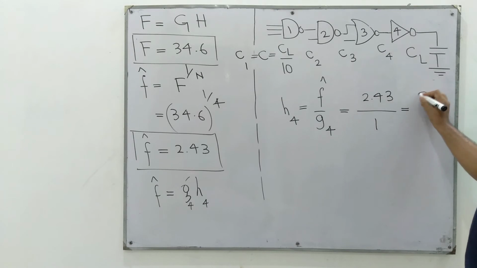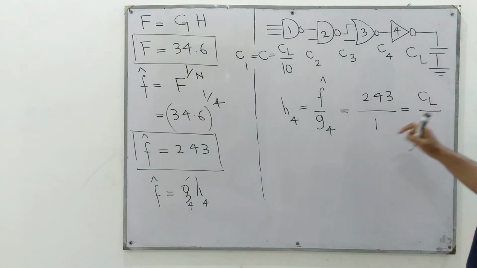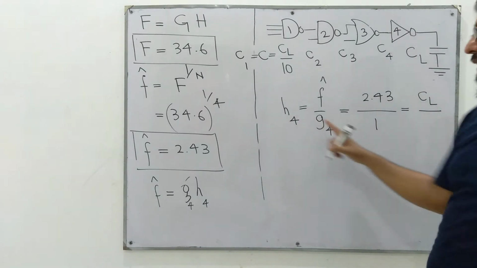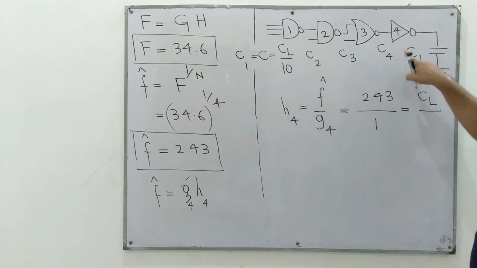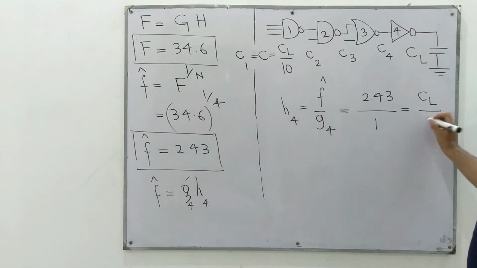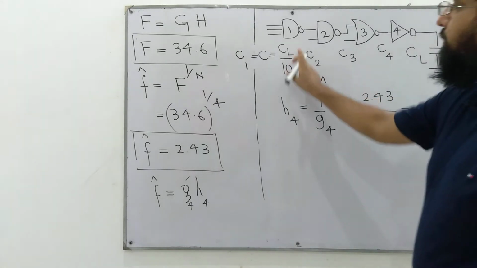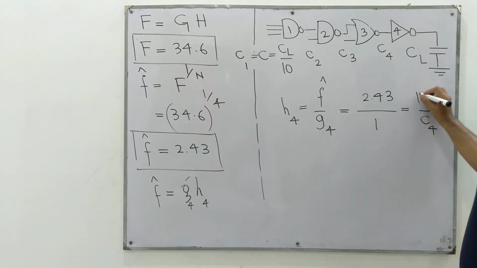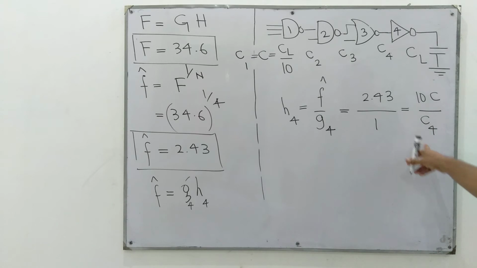And we already know that the electrical effort of a gate is the ratio between its output and input capacitance, CL over C4. And we know that CL is 10C. So now we have only one variable.